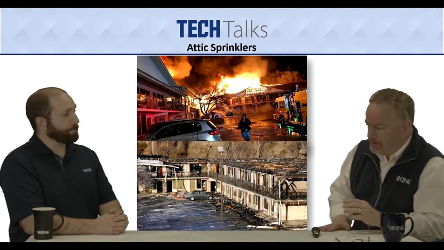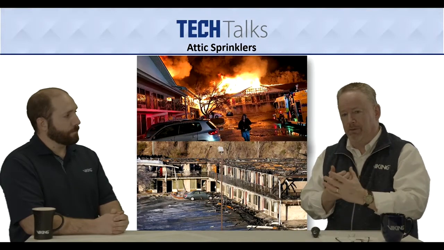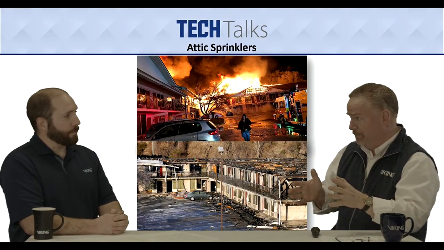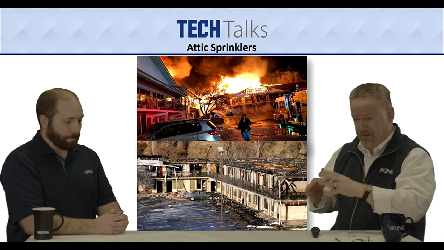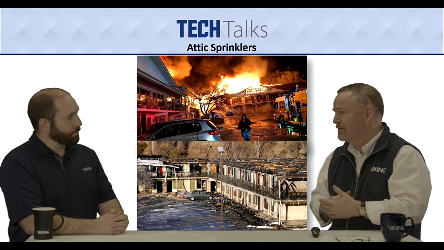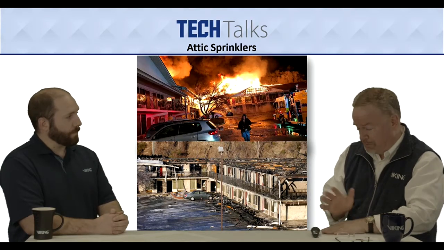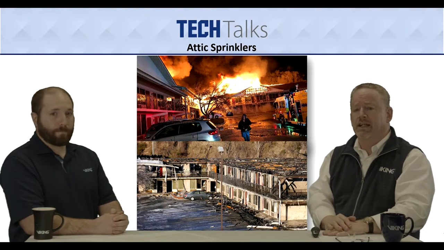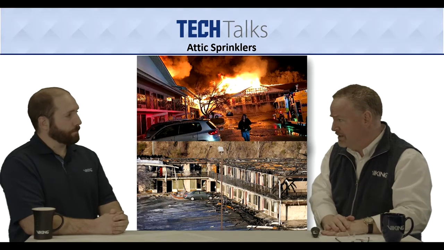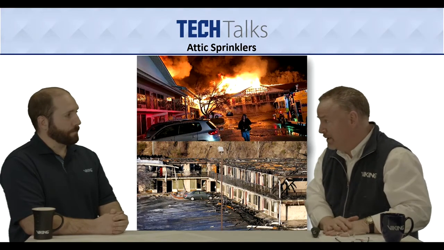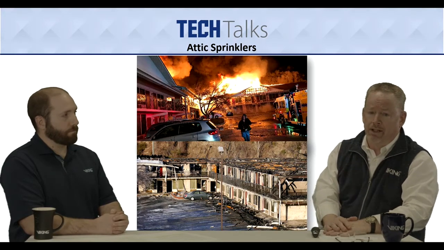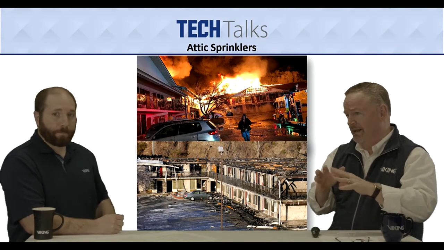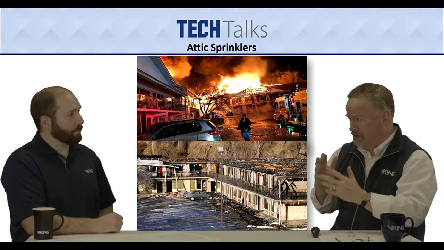The next one we're going to take a look at is a similar space. It's a concealed space. It's not occupied, similar to the combustible interstitial space, and that is attic spacing, and combustible attic spacing in particular. As we take a look at these, they do have similar characteristics to the interstitial space.